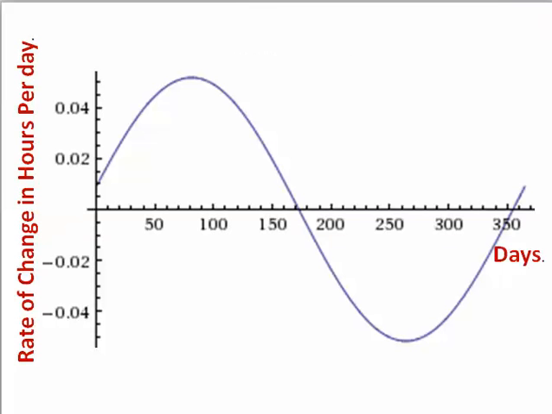The graph on the horizontal is days, and on the vertical is my rate of change, because I graphed the rate of change function. At the beginning and end of the graph is January 1. And notice that period of 365 days.